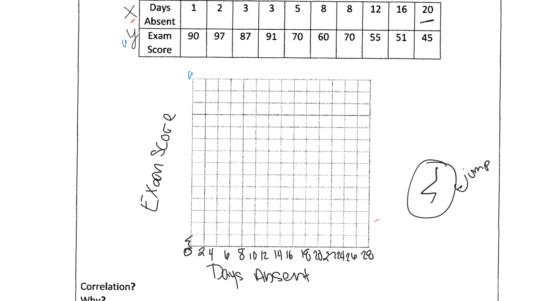The lowest number I have is 45, so that's where I'm going to start my graph, and then I have to go all the way up to 90. There are a lot of numbers that end in 0 or 5, so I'm going to count by 5s and start numbering your graph.